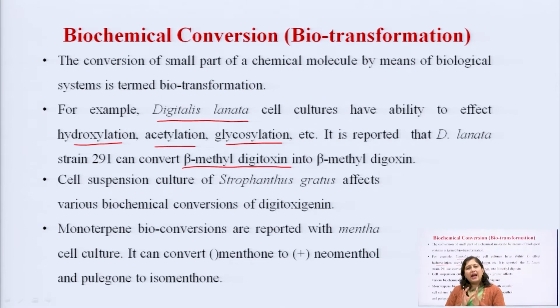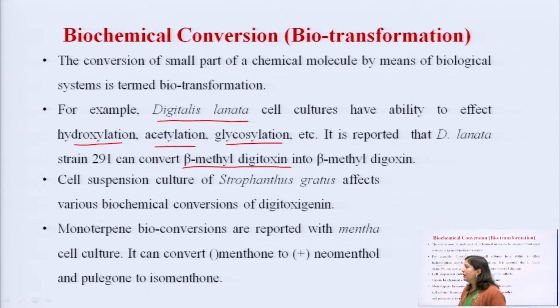So, we could add these components inside the chemical constituents present inside the callus of the Digitalis lanata easily, and therefore, we could produce the ingredients which are of our choice.